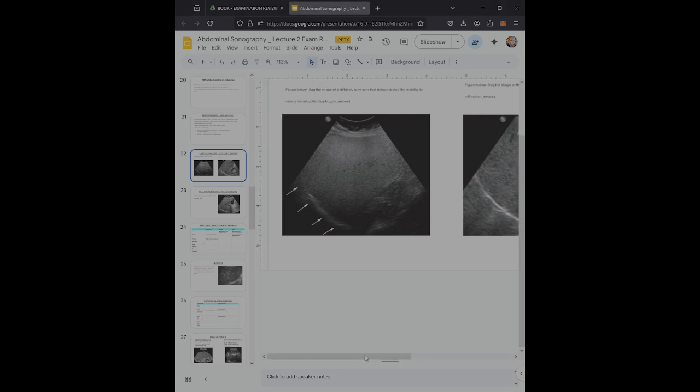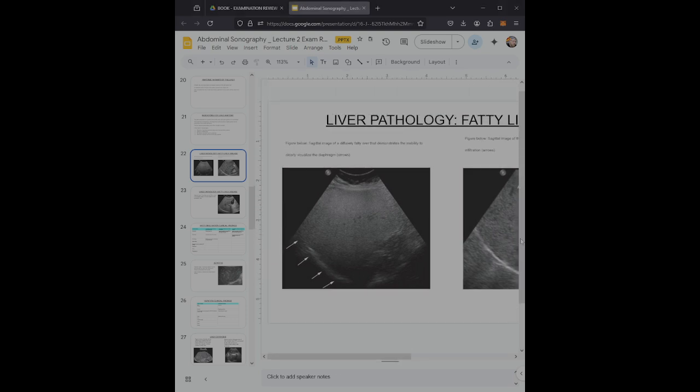An example is there. So in these two images here, we have image 1 being a diffusely fatty liver, and we cannot clearly visualize the diaphragm, nor can we visualize hepatic vasculature.